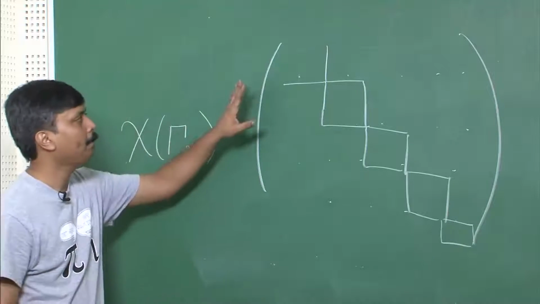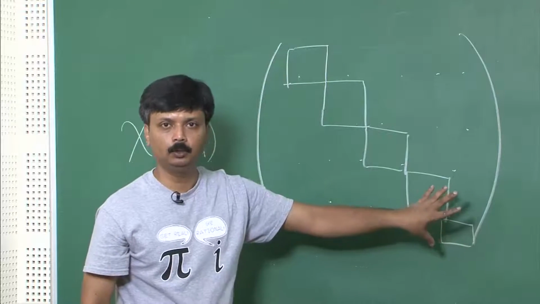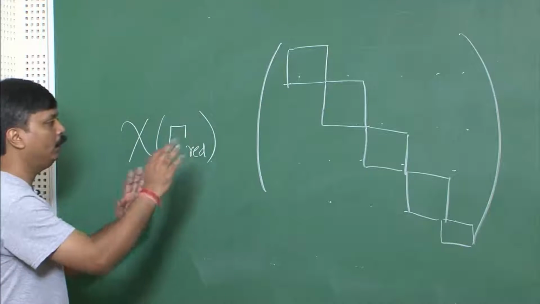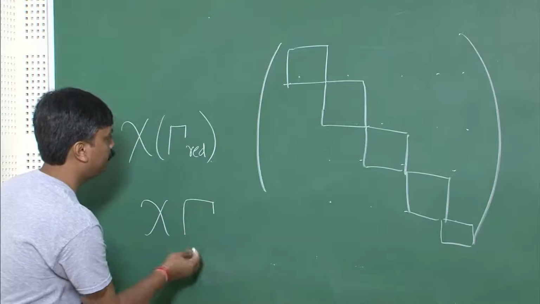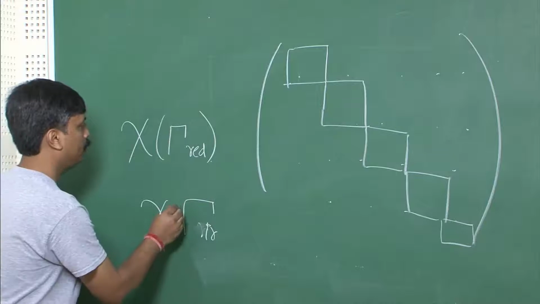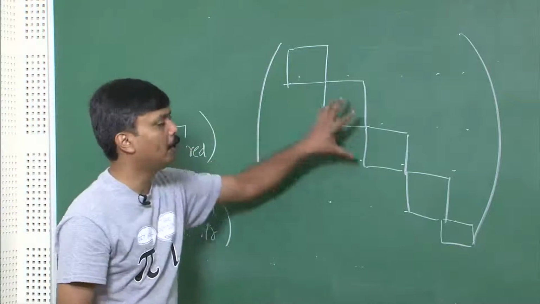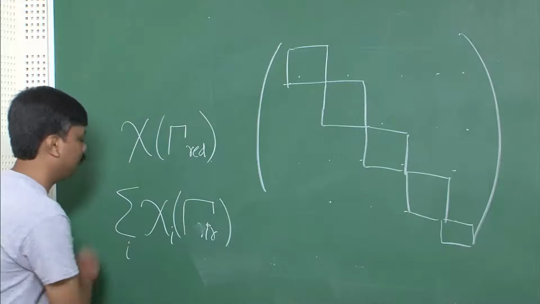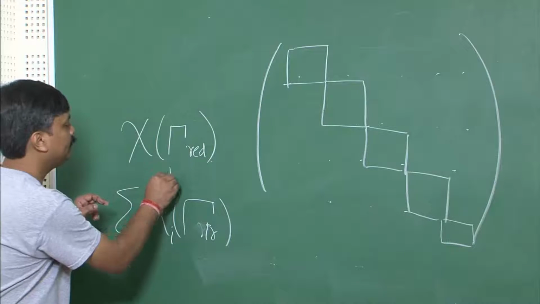Now the good thing is that if you take the characters of these individual blocks, which are the irreducible representations, and sum them up, chi of gamma irreducible, summed over I, where I is the number of such blocks, then this and this are equal.